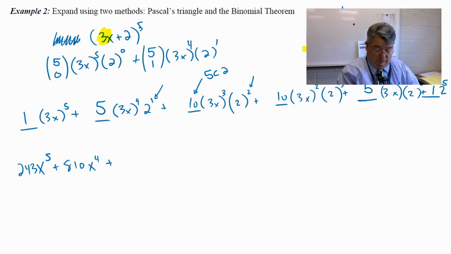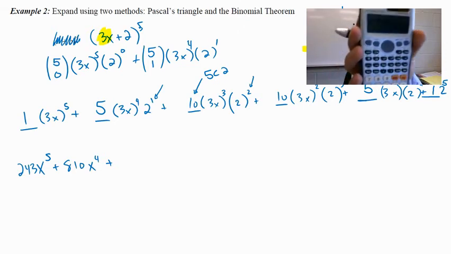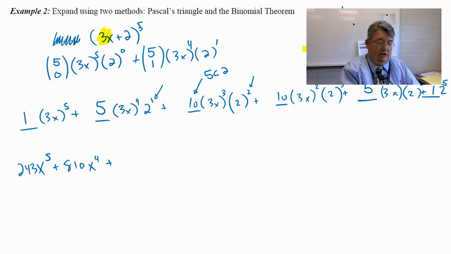Times 2 squared. See, it's exactly what I type in. And I get 1080 x cubed plus. Now I've got 10 times 3 squared times 2 cubed. Oops, that's not 10 cubed, that's 2 cubed. 10, 3 squared, 2 cubed.